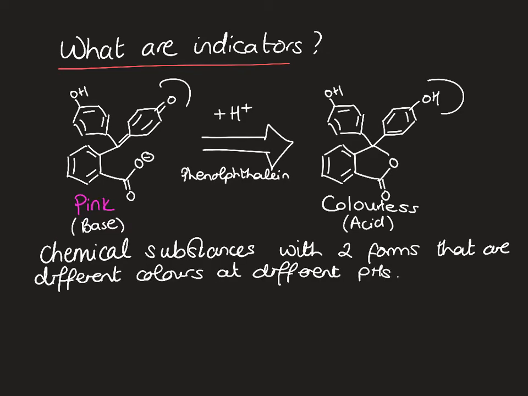Thing to remember as well is that indicators are themselves weak acids, and therefore if you're going to add them to a titration, this is why we add them in a minimum amount of only a couple of drops, because they could potentially have an effect on the end point of your titration if you put too much in.